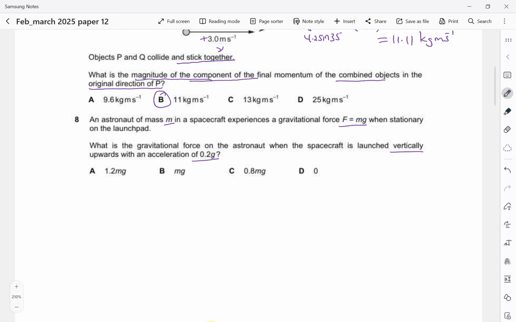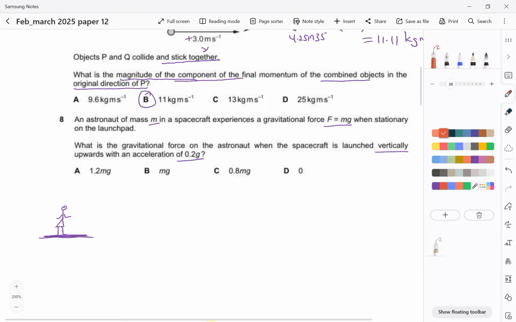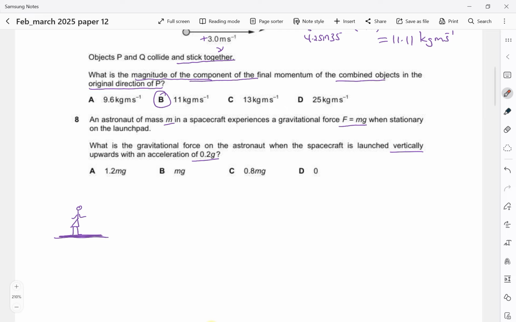Let's say the astronaut is just standing on the launch pad. They have told us that the astronaut experiences the gravitational force F, which is actually his weight.